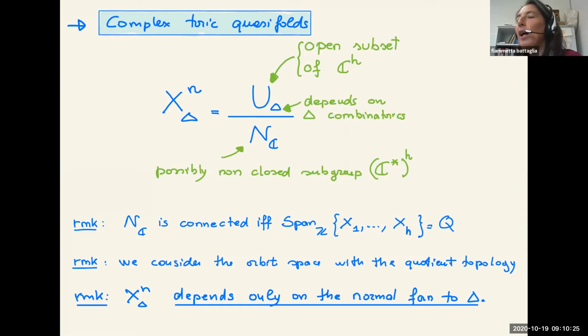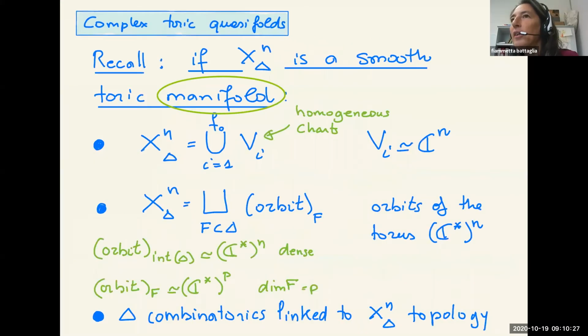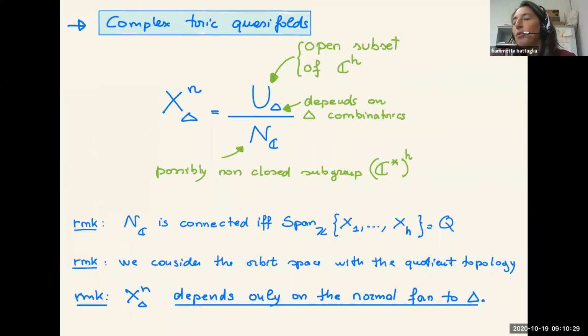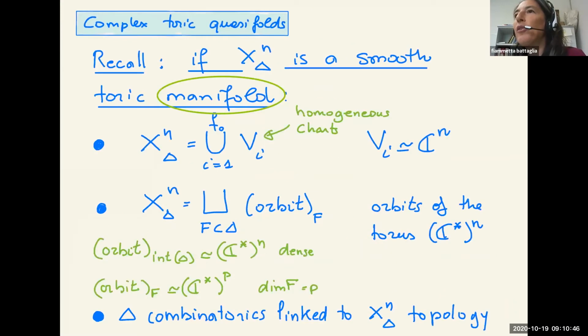Okay, so we have this quotient, and I would like to observe that this complex toric quasifold shares many features with a toric manifold. So let's consider first X_Δ, a smooth toric manifold.